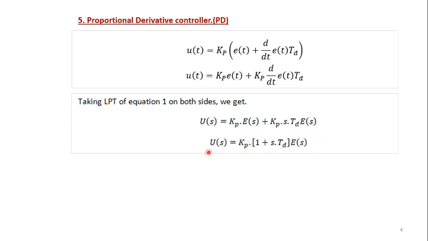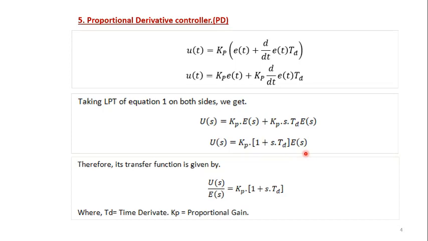So it can be rewritten as U of s equal to Kp bracket 1 plus s into Td bracket complete E of s. The transfer function is U of s by E of s equal to Kp bracket 1 plus s Td, where Td is the derivative time and Kp is the proportional gain.